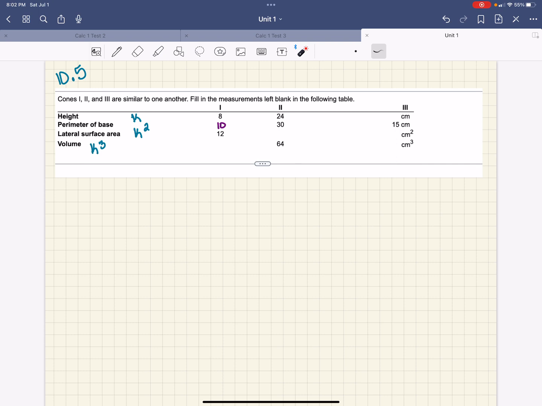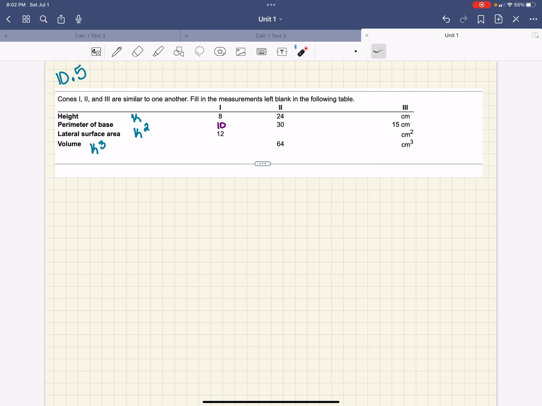Now if we look here, the relationship between 30 and 15 is 1/2. So we've multiplied by 0.5, or by 1/2. The other thing you can do is look at this 10. 10 times 1.5, or 3 over 2, gives us that third column.